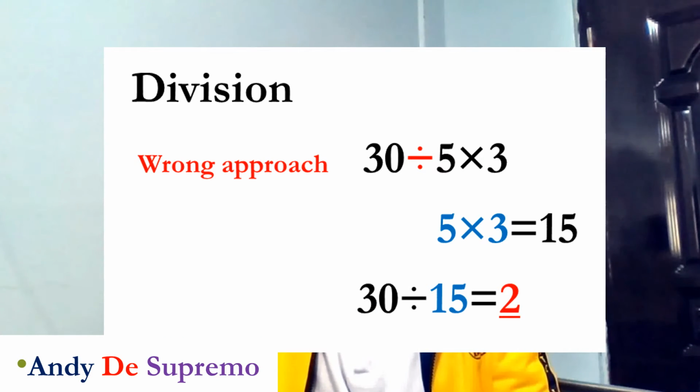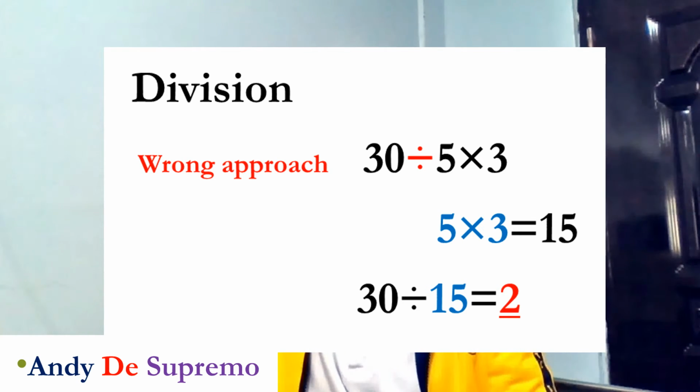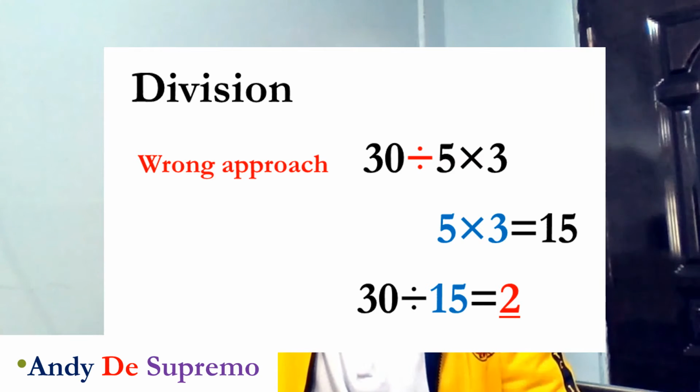18. But if you decide to follow the other way around, like you decide to do the multiplication first, for example 5 times 3, that will give you 15. And now it is left with 30 divided by 15, which is 2, which is obviously wrong.